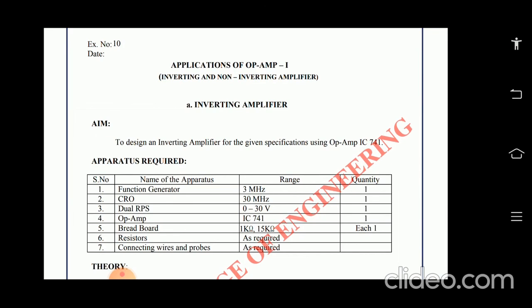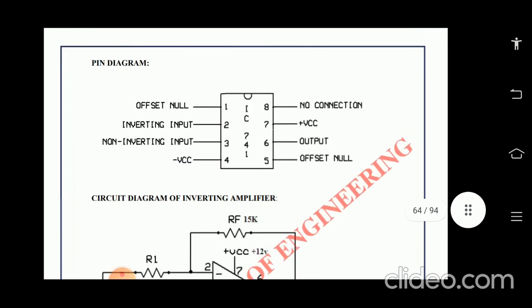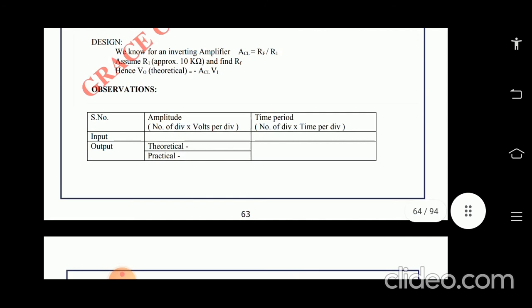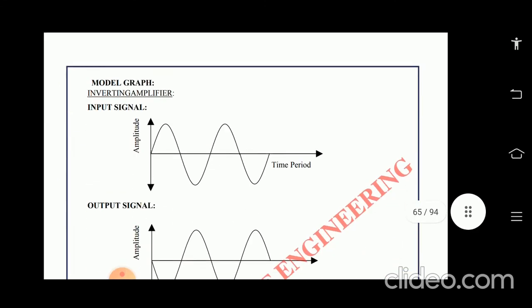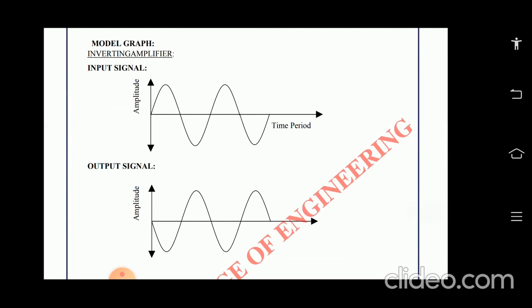From the CRO we need to calculate the parameters like amplitude and the time period as number of divisions into the quantity per unit for your input and output waveform. That will be obtained like this. Your output waveform is 180 degree out of phase with your input signal. So this is the thing we need to do in this experiment, and hope you understand the concept.